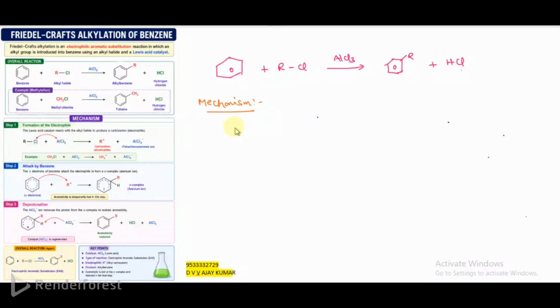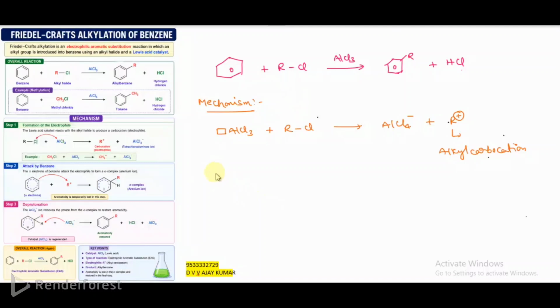Here the AlCl3, the Lewis acid having a vacant orbital, reacts with alkyl halide, forming AlCl4 minus and R plus. Now this is called an alkyl carbocation.